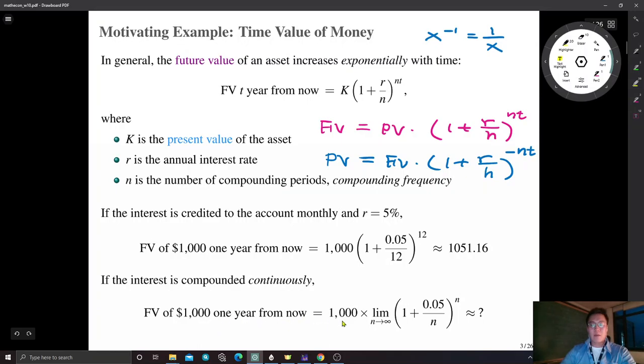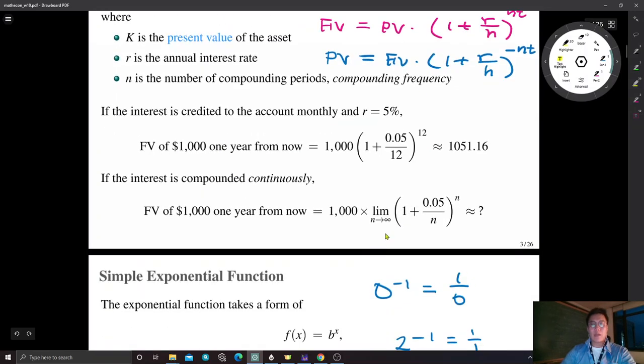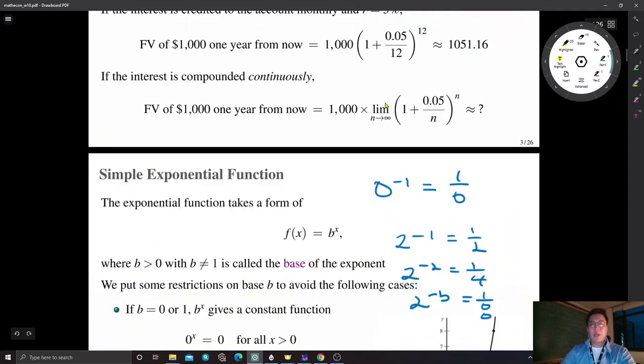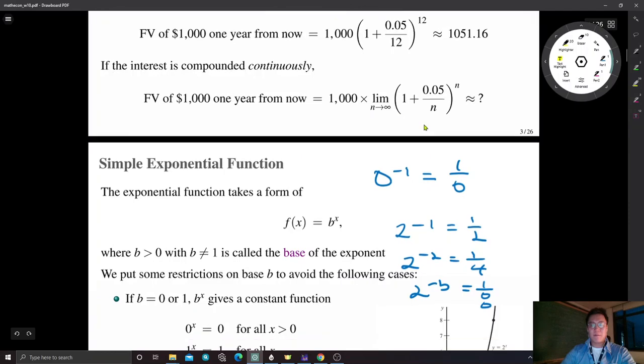Then in light of this formula, we put in 1,000 for k, 0.05 for r, and 1 for t. Now the problem is, because interest is compounded continuously, that means n goes to infinity. So now we take the limit of this expression as n goes to infinity.